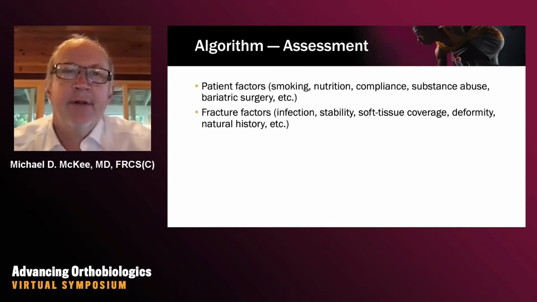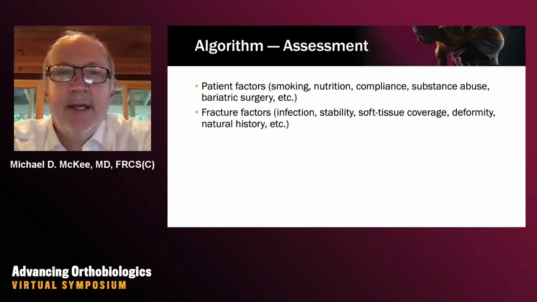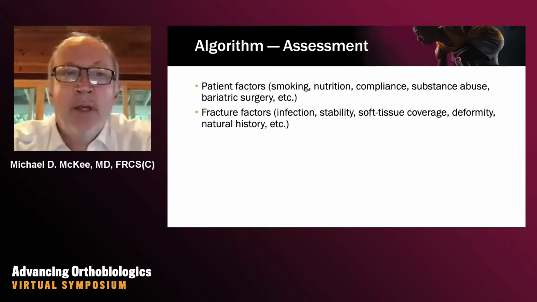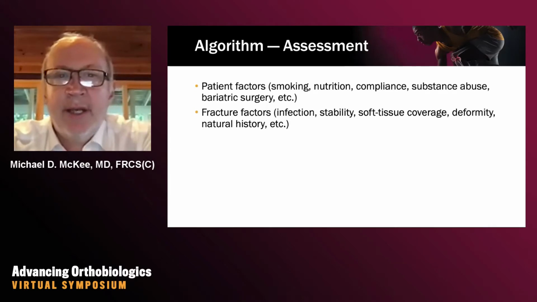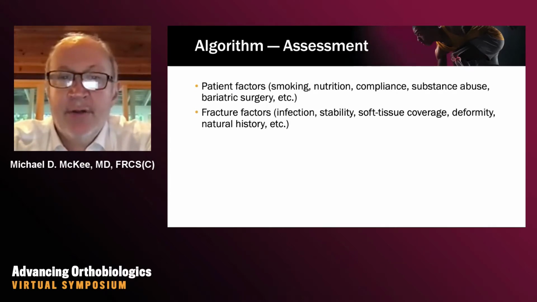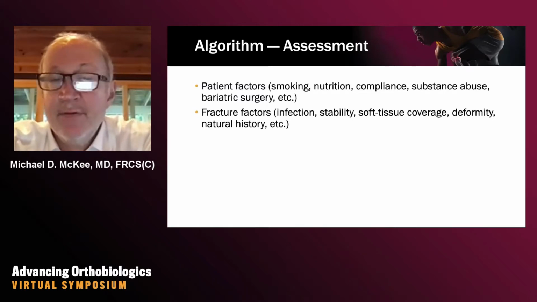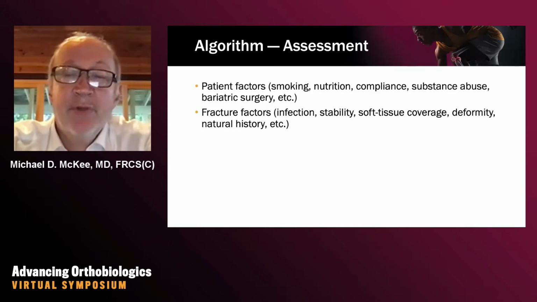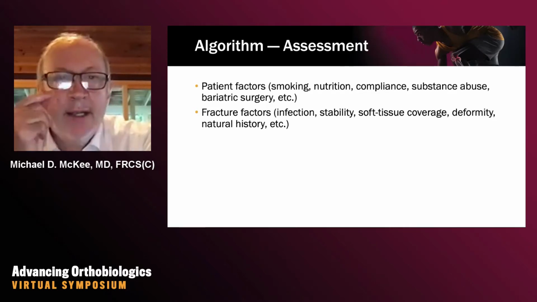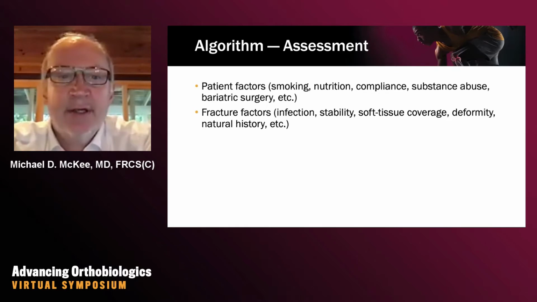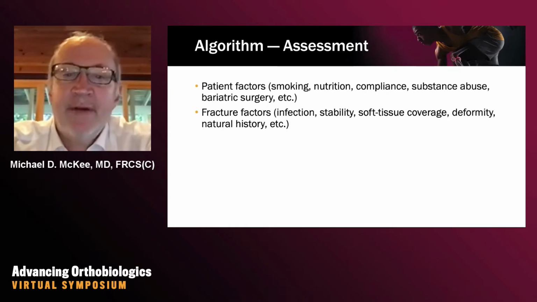An algorithm or assessment for patients who have non-union, in my mind, essentially comprises two factors. One are patient factors, where the quality or biology of the patient is what is critical. This includes things such as smoking, nutrition of the patient, compliance, substance abuse is a big issue, and whether they've had previous bariatric surgery, etc. Fracture factor is the second major component, where infection, stability of the fracture, soft tissue coverage, deformity, and natural history are all important.